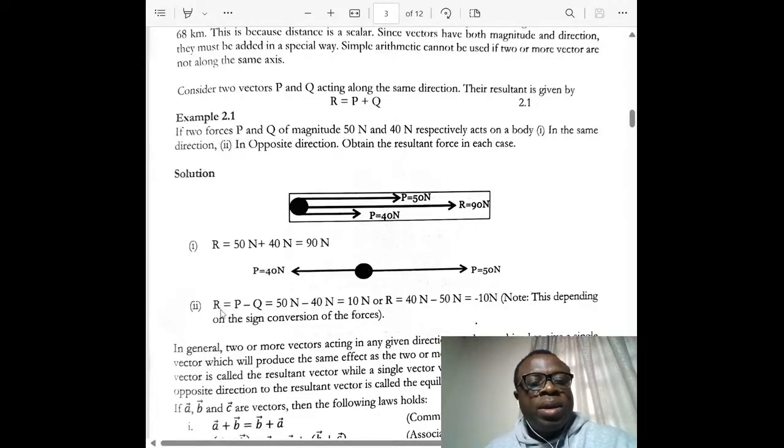Then in the opposite direction, R will be P minus Q. Please, this is a typographical error. So that is the resultant. If they are moving in the opposite direction, you subtract. If they are moving in the same direction, you simply add. Addition and multiplication are commutative.